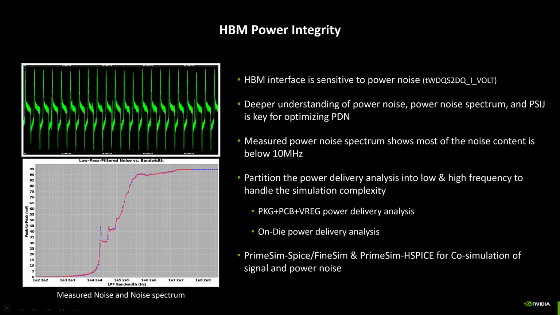Based on this information, you can devise your simulation strategy, wherein you use the right tools to do the package, PCB and interposer extraction, and then you use the right tools to do the on-die power integrity. And there are options to do co-simulation. I'm sure the other speakers are going to talk about co-simulation as well. So that's the key takeaway from this slide.